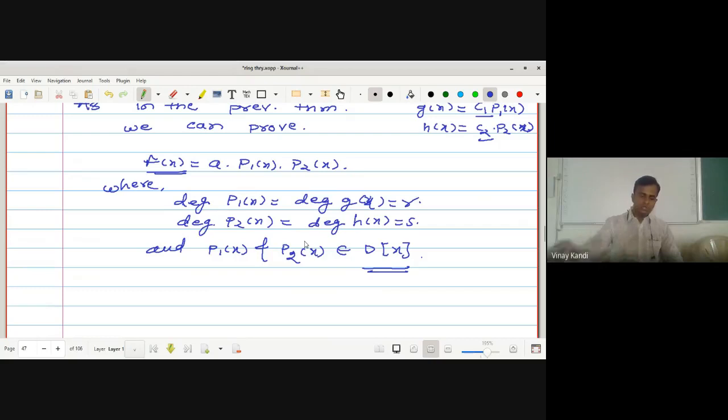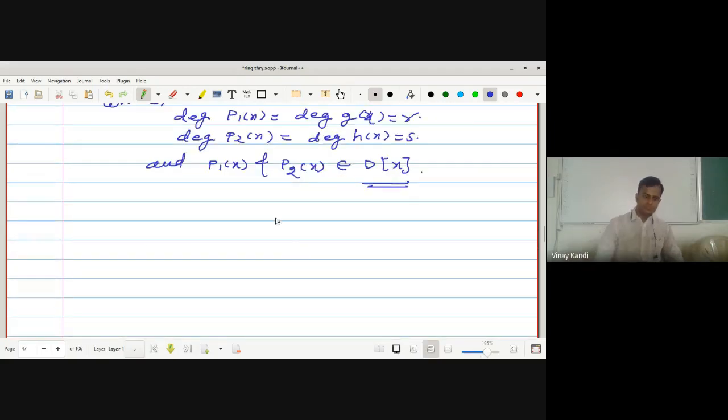Okay, any doubt? No, sir. And the if part, in the second part, suppose f of x has a factorization in D of x into g of x and h of x, which belong to capital D of x.